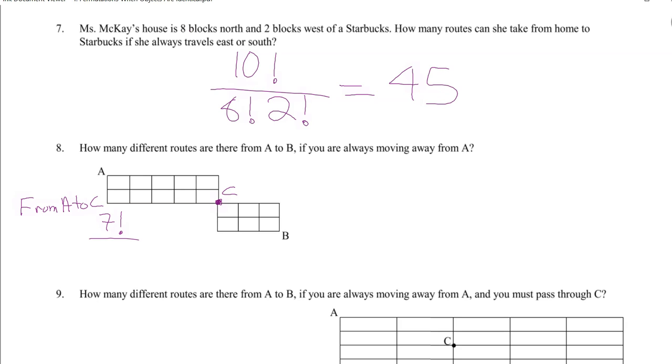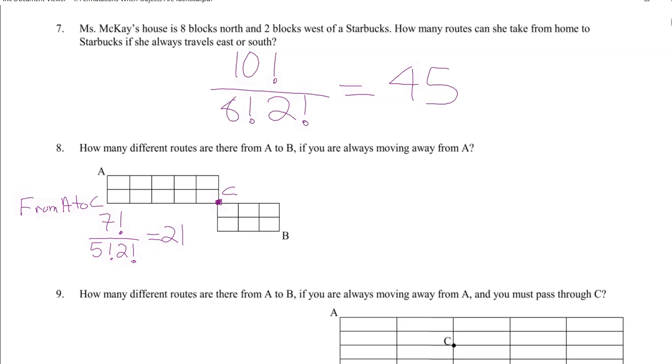will be 7 factorial over what? What are the magic numbers? So 5 factorial because we're going 5, and 2 factorial, and that is 21. If it isn't, let me know in the comments below.